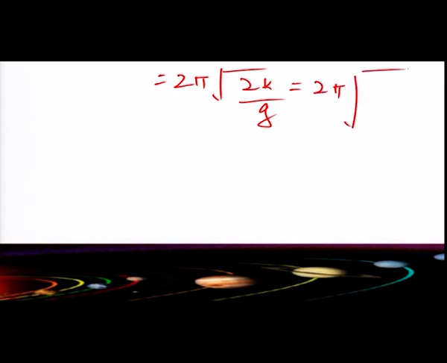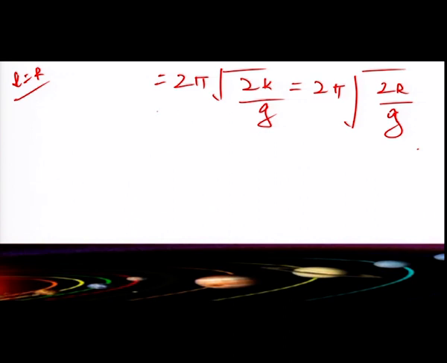So, therefore, we can rewrite this expression as 2 pi root of 2k by g, that is equal to 2 pi root of 2r by g, since k is equal to r.